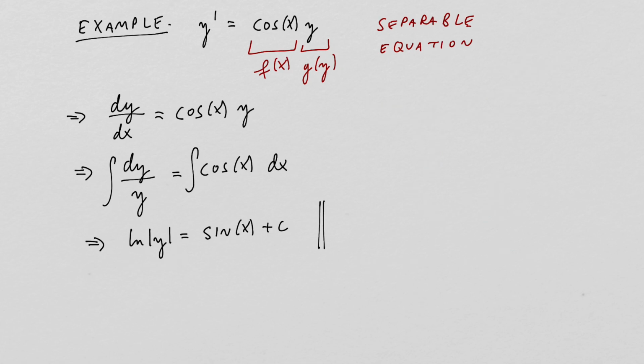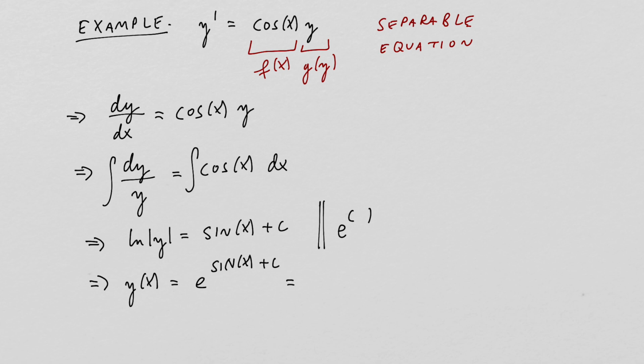Now let's just take and put both sides to the exponential, and we will get that y of x is e to power sine of x plus some constant.